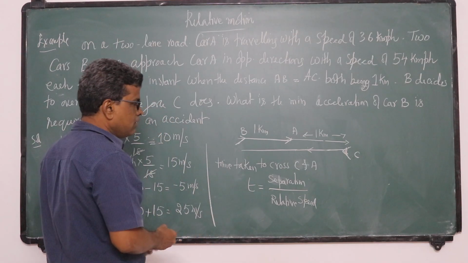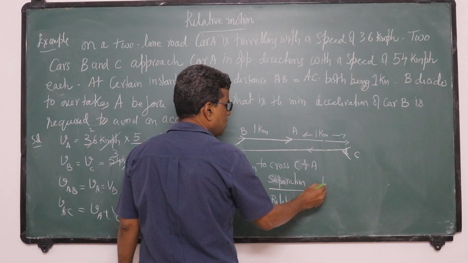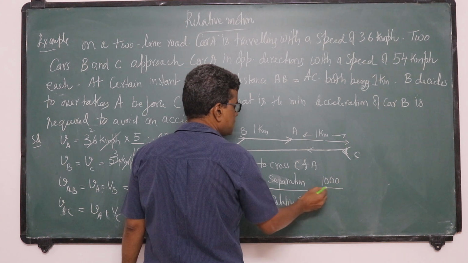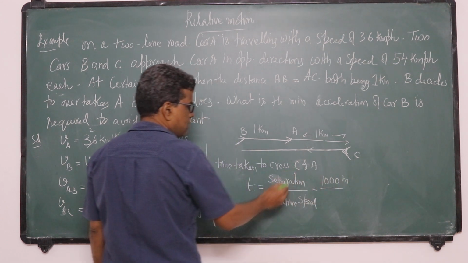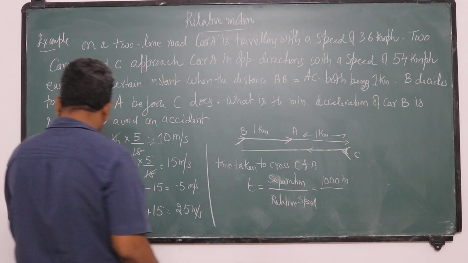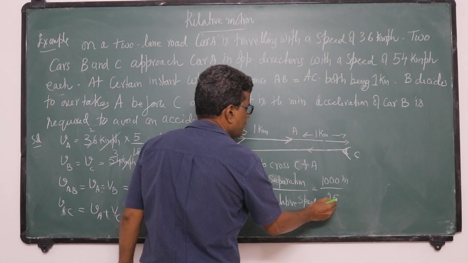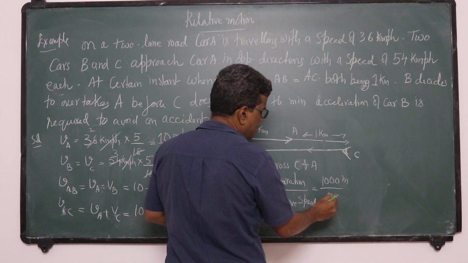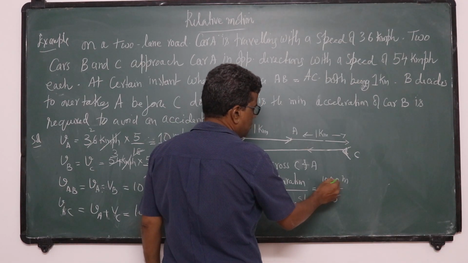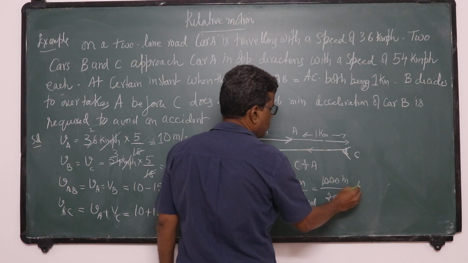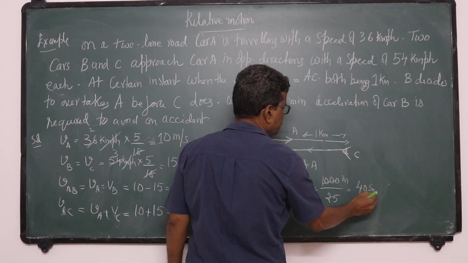The separation is 1 kilometer, which is 1000 meters. The relative speed between A and C is 25. So 1000 by 25 is 40 seconds.